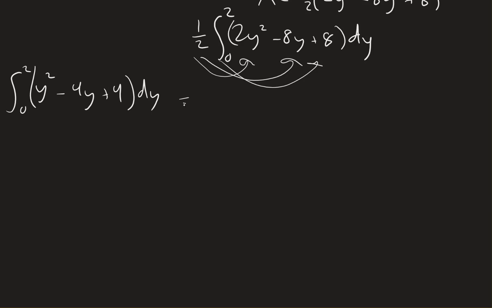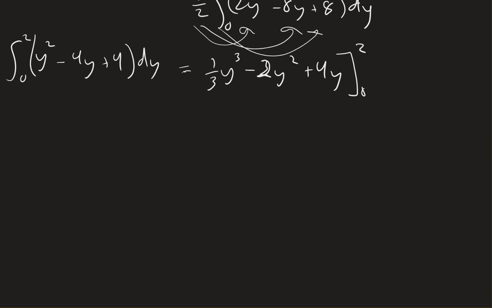Okay, now I'll integrate. So raise the power by 1, divide by the new power. Okay, and I could quickly take the derivatives to check. All that looks good. So I just undid power rule 3 times there.